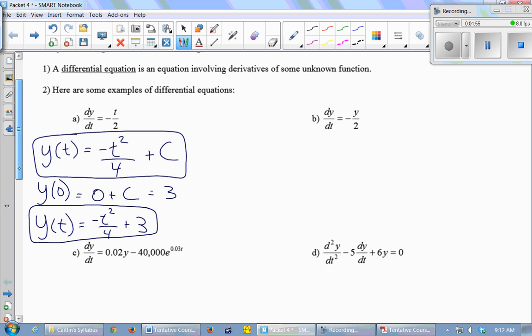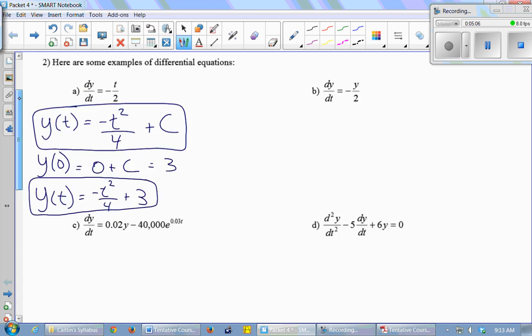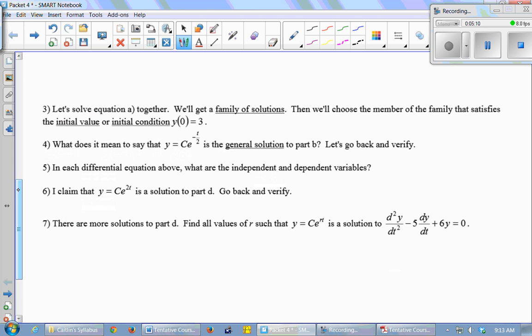Okay, so what does it mean if I'm just telling you that the solution to part B, right, where dy/dt equals negative y over 2, the solution is c e to the negative t over 2. That's the general solution. So I want to verify that that's the solution.